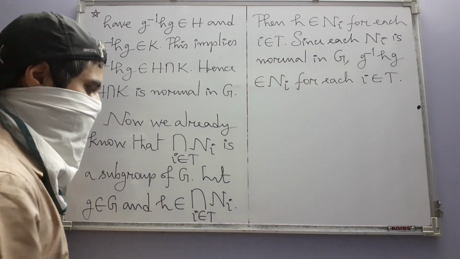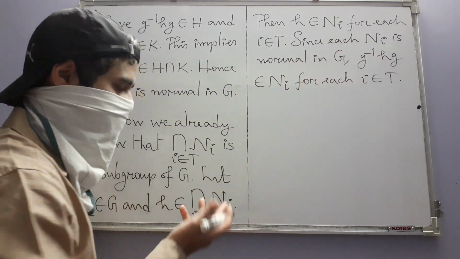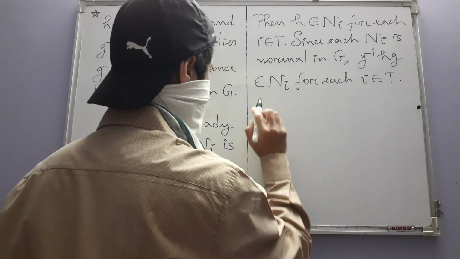But then by the definition of this intersection, g inverse hg will belong to this intersection because it belongs to each Ni, each set in the intersection.